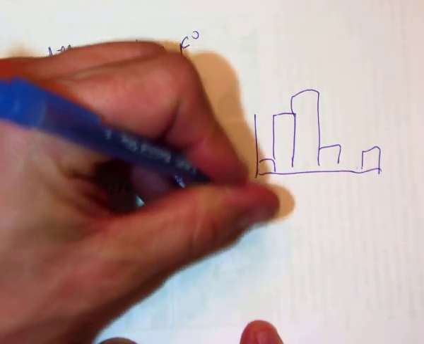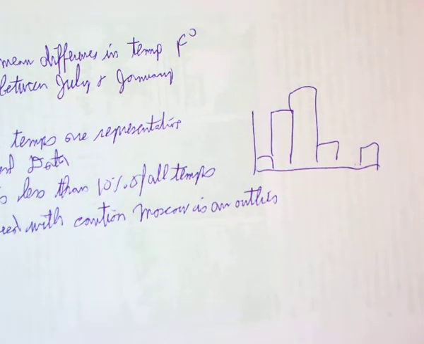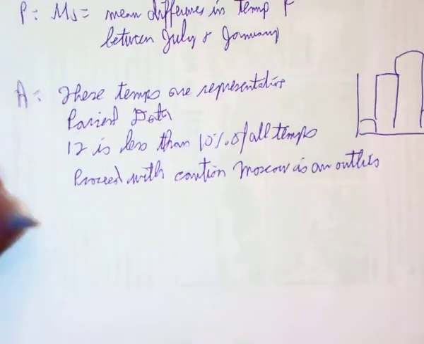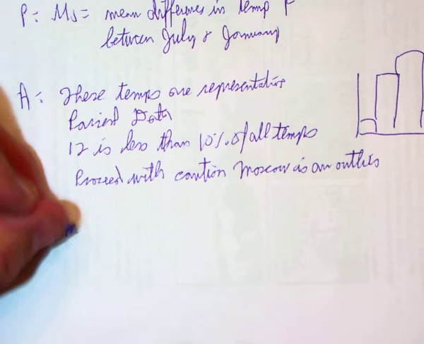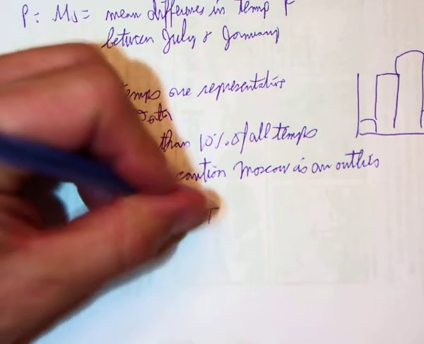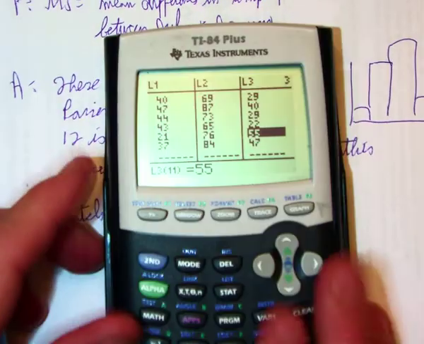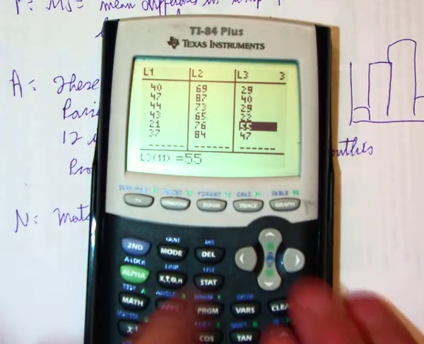You know, the problem with Moscow is the winters are very cold, and I guess summers aren't real hot, but they're 50 degrees warmer on average. So this is a matched pairs confidence interval, and we got to get summary statistics. So we're going to get our summary statistics off of L3.